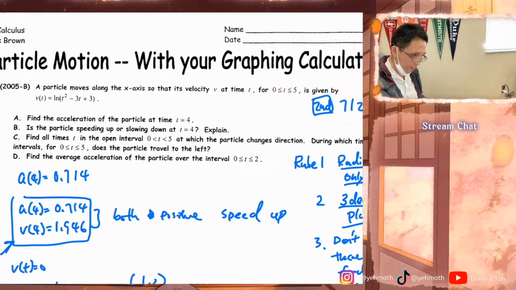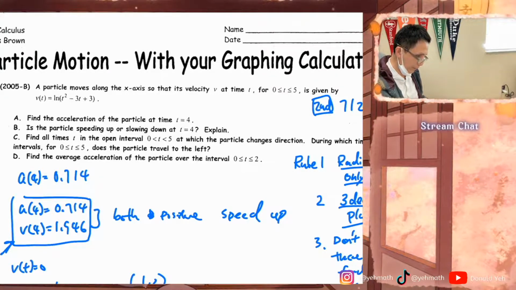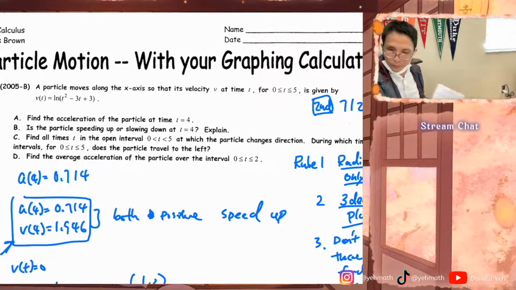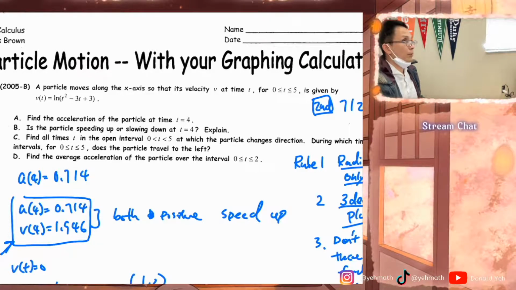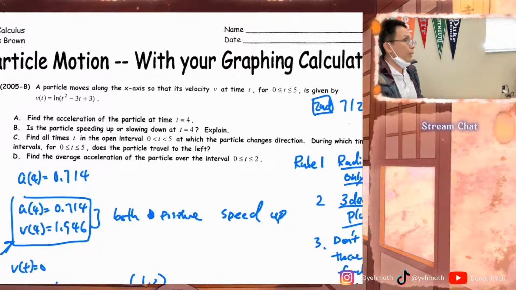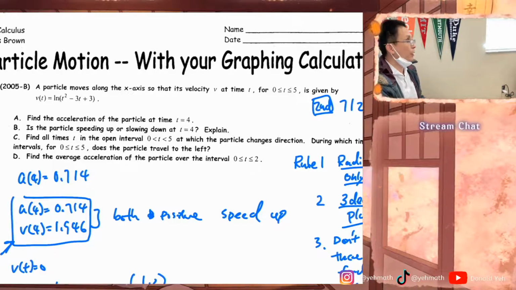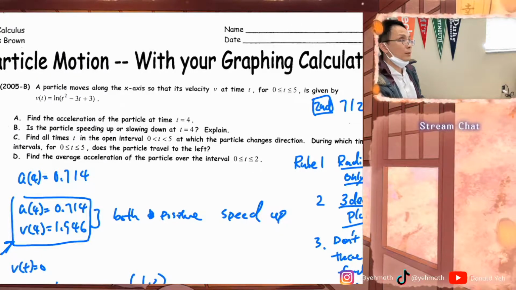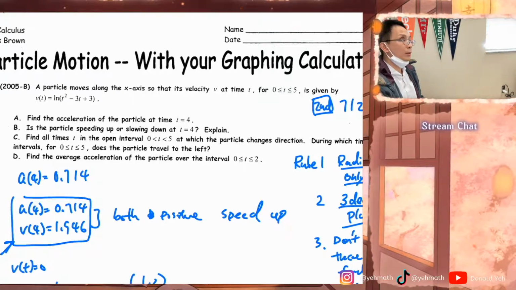I didn't change it. I even told you how to do it, long division. I even told you it's like long division. Oh, I didn't remember the long division. That was the only question I think I did wrong.